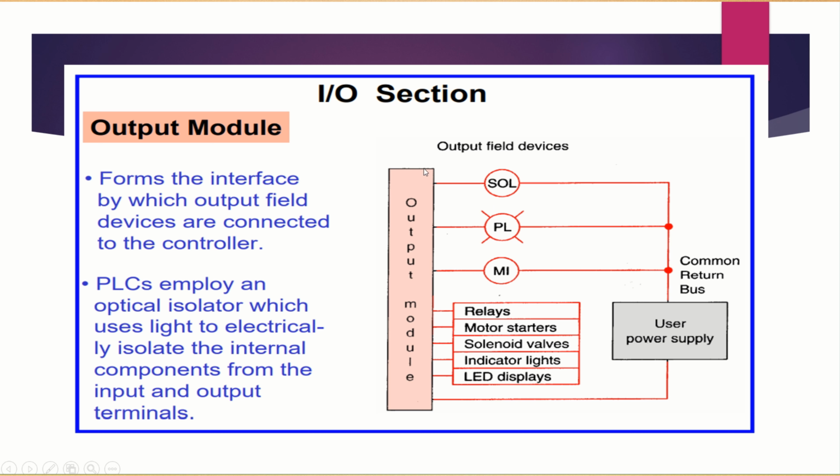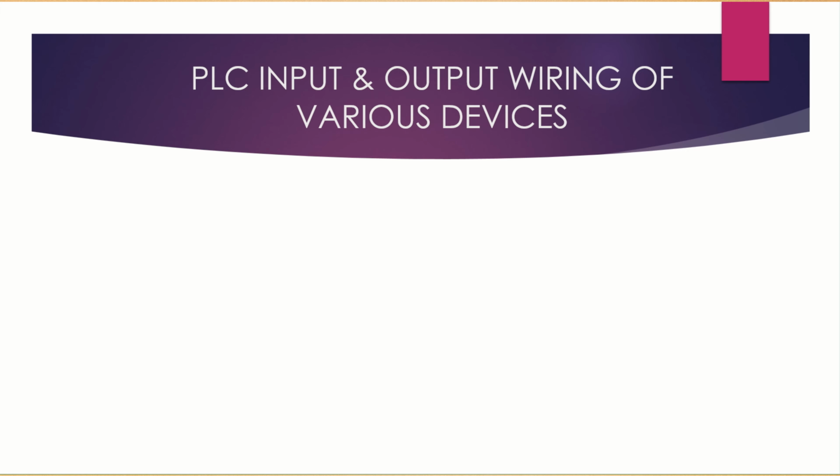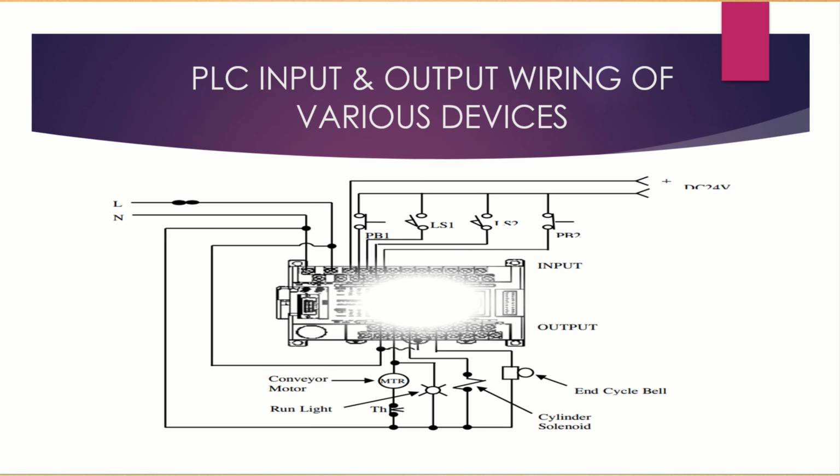As you can see here, from the output module, it will be wired to the output devices such as the solenoid, the pilot lamp, motors, or magnetic contactors, or relay coils, and etc. Now we have seen the PLC input-output wirings of the various devices, from the input devices going to the input module, PLC to the output module going to the output devices.